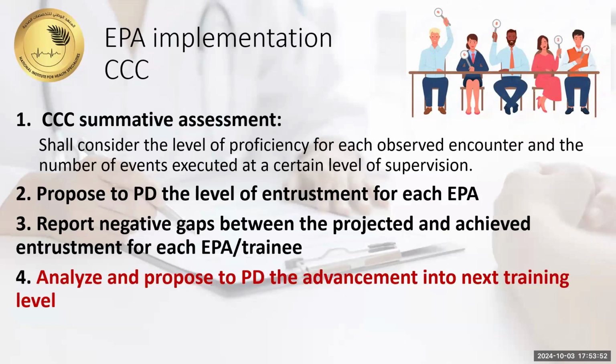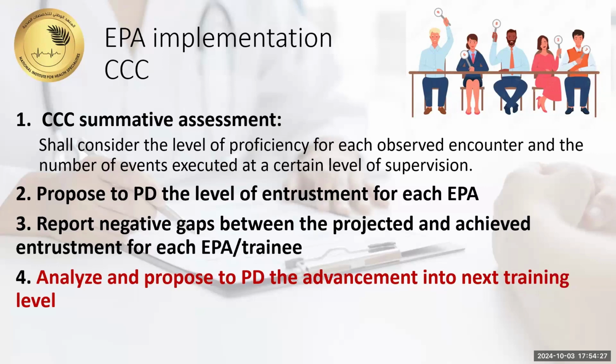So they will meet and they will say, trainee Dora, me, for EPA 1, completed 10 evaluations out of 10, reached achieved level in 5 cases, and it's required for trust only 4 achievements. She achieved 5. So shall we entrust her? Yes or not? Okay. Trainee Dora, EPA number 2.